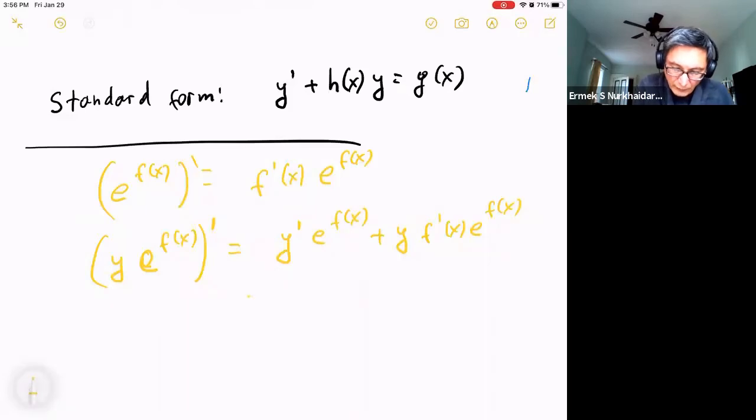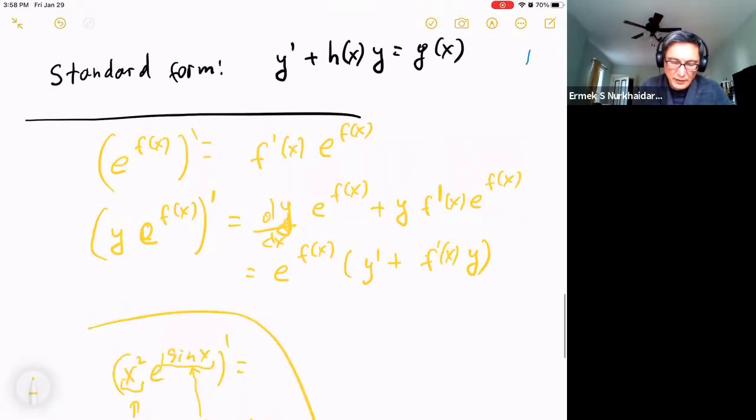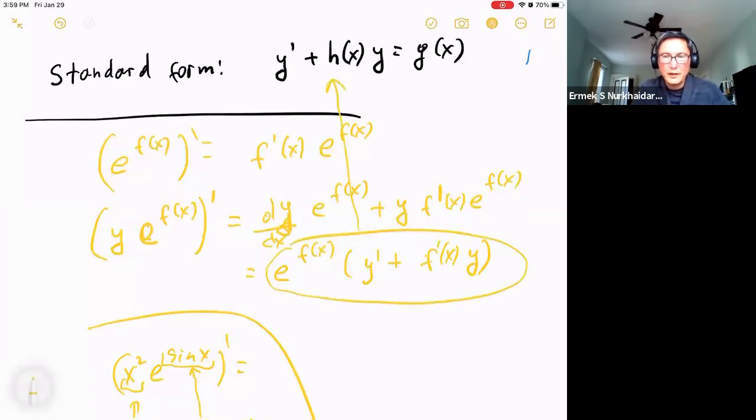So in particular, we can factor out e to the f of x: y prime plus y times f prime of x. Now let's make a connection between this and that.